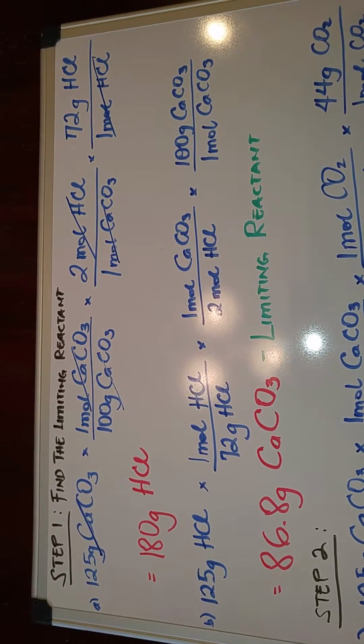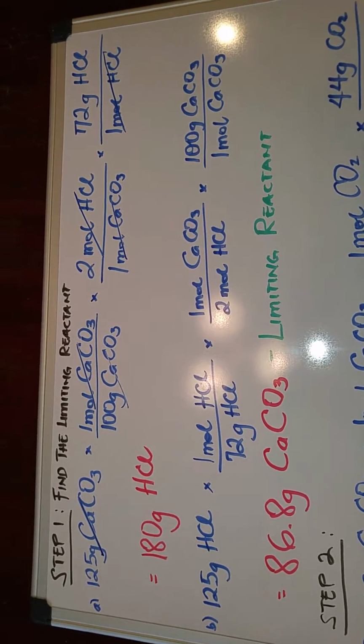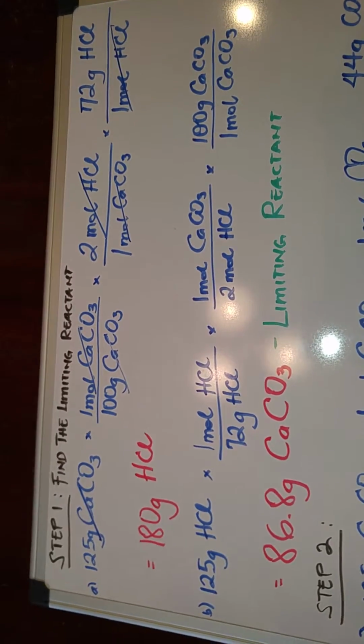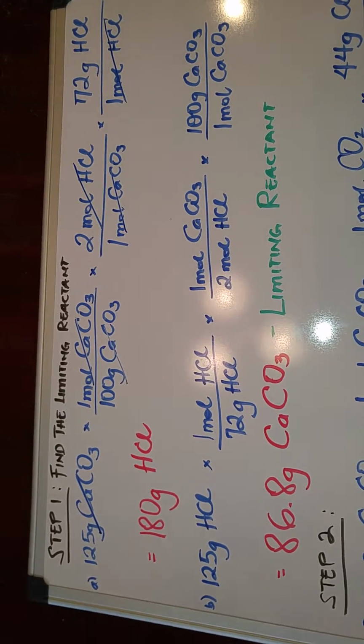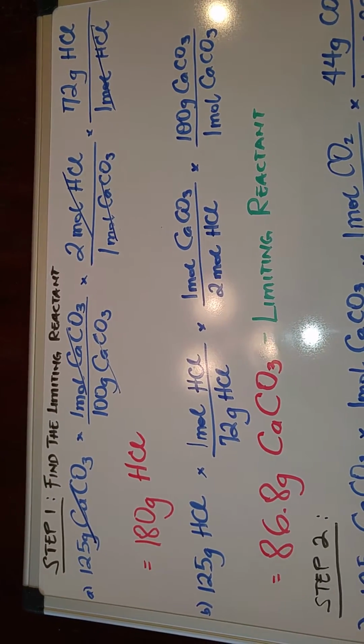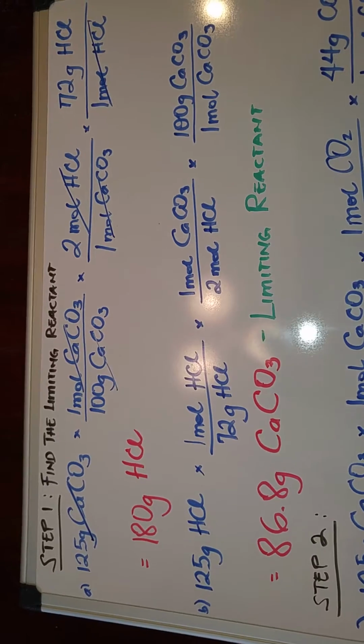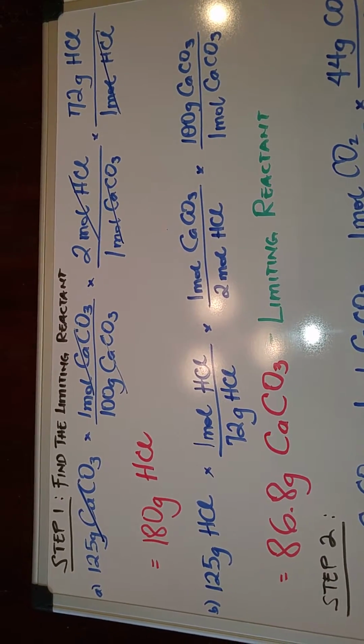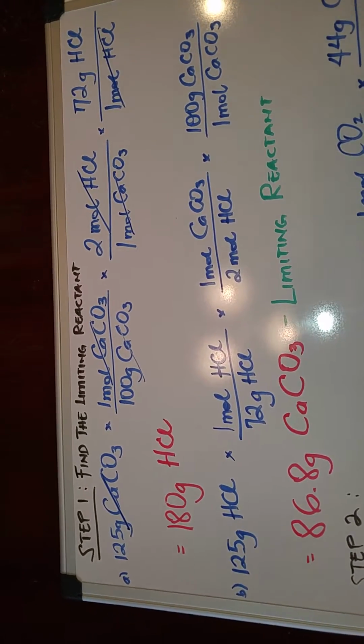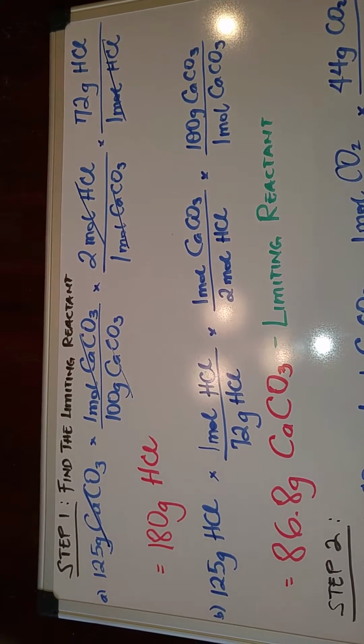We want to determine the limiting reactant because you want to know which of the reactants limits the amount of your product, and in this case our product is carbon dioxide, not calcium dioxide, carbon dioxide.